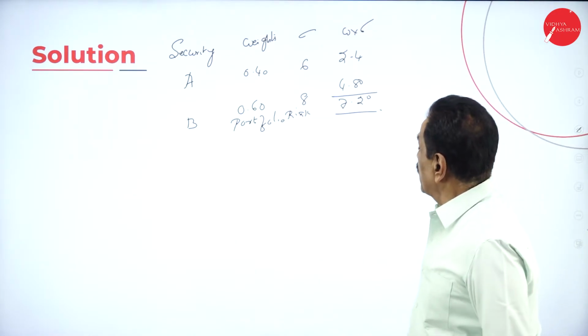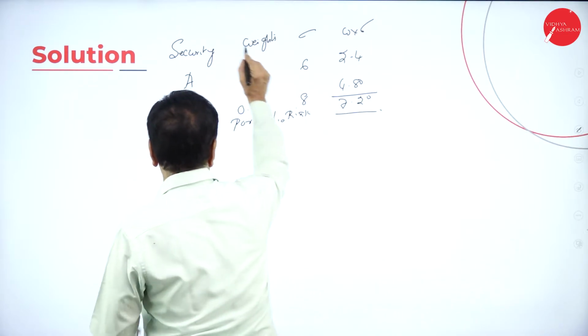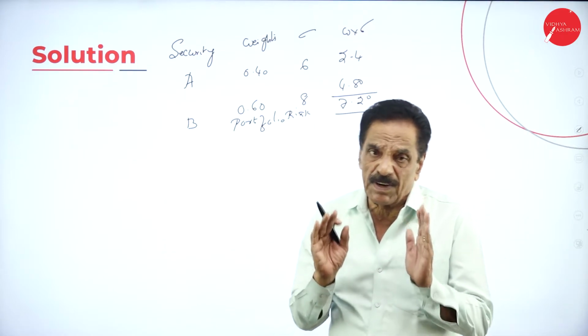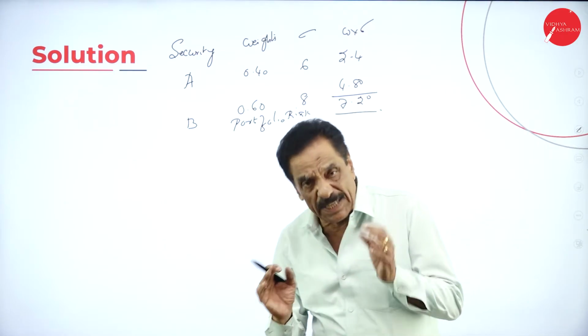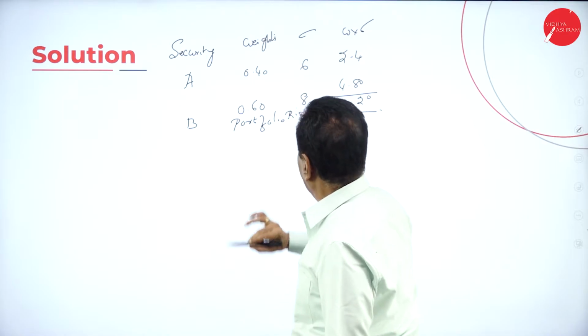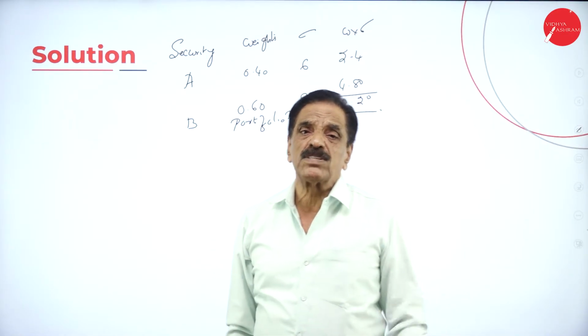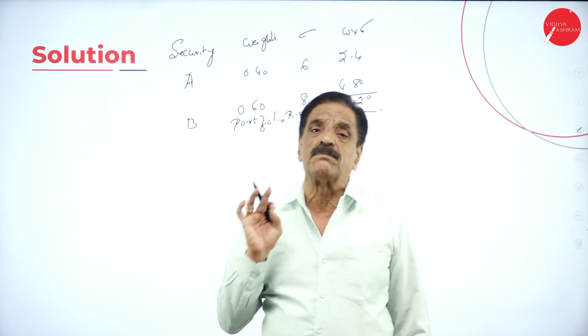Regarding the portfolio deviation, we have been given the weights. There is a separate formula for the standard deviation or risk. We say weight A, weight B. What is the formula? I will tell you slowly.